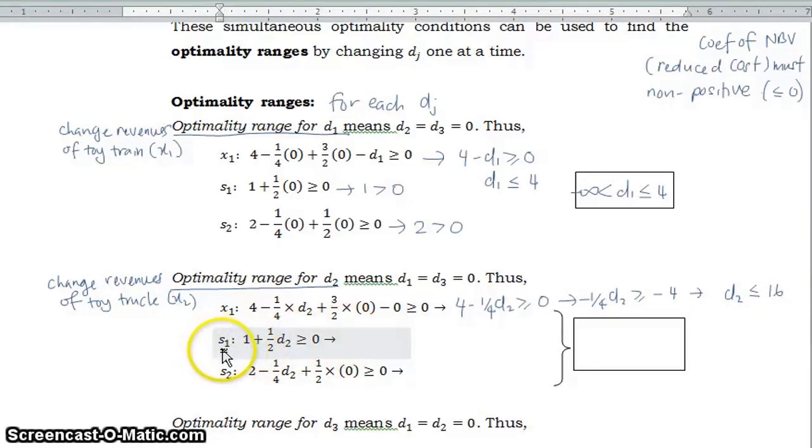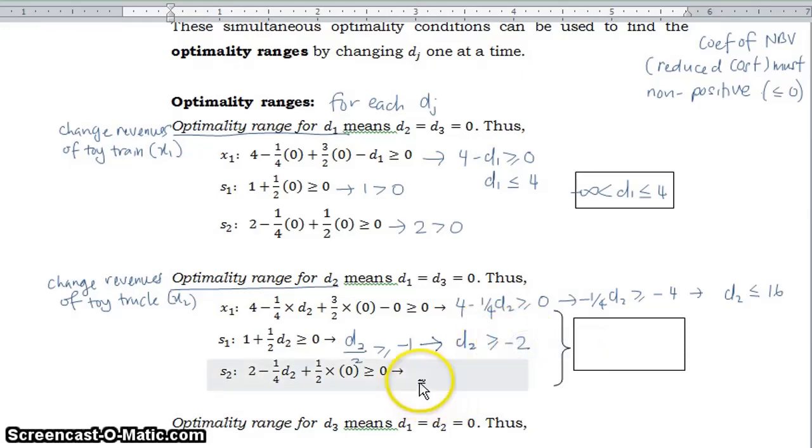From the reduced cost of S1, we get D2 over 2 greater than or equal to negative 1. Therefore, D2 is greater than or equal to negative 2.